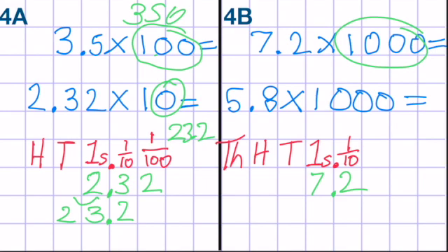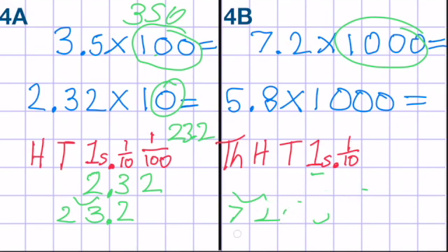And there are 3 zeros, so we move 3 places. So the 7 goes 1, 2, 3, like that. The 2 is going to follow. And we've now got 2 empty spaces, the tens and the ones column. So I need to put a 0 here and a 0 here. So 7.2 times 1,000 is 7,200.